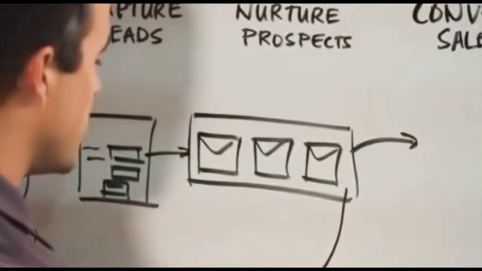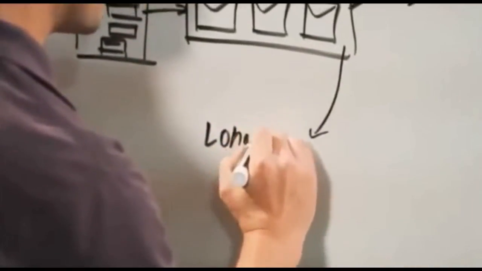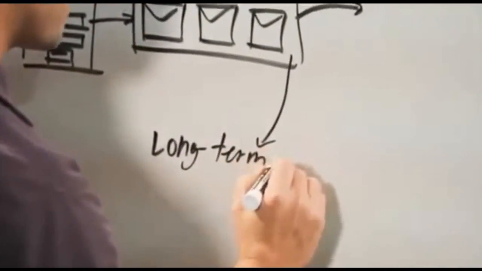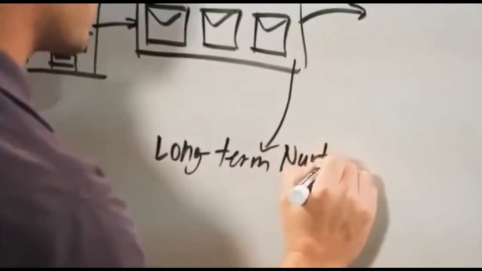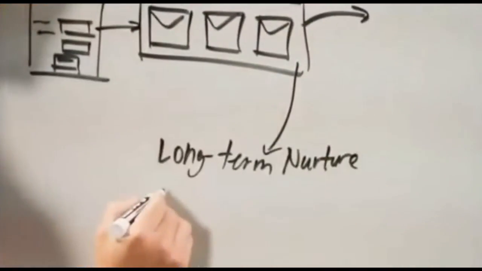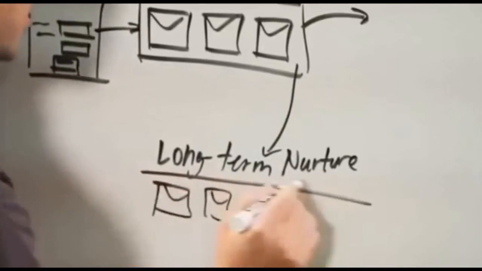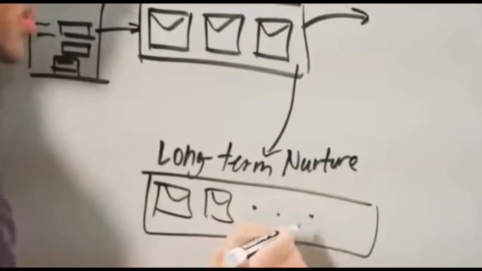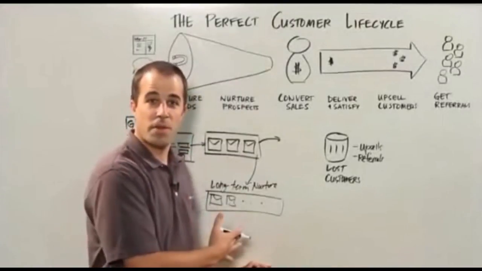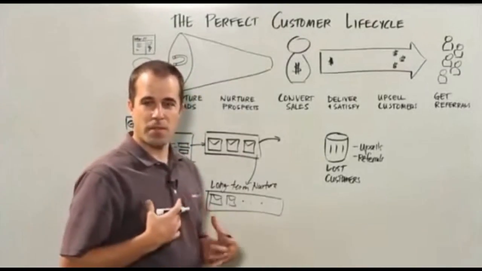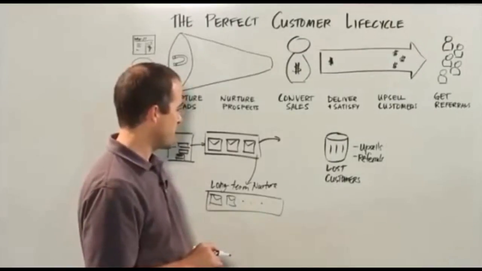We're going to put them into a long-term nurture campaign. Well, what is that? That's a slightly less aggressive, maybe a monthly touch, where we're delivering valuable information to that prospect, and we're just staying in touch so that when the person is ready to buy, we're the ones that they're thinking about, not one of our competitors.